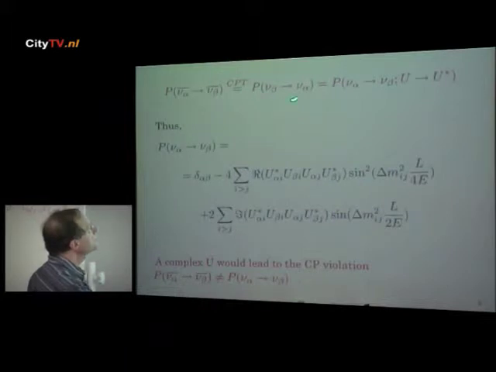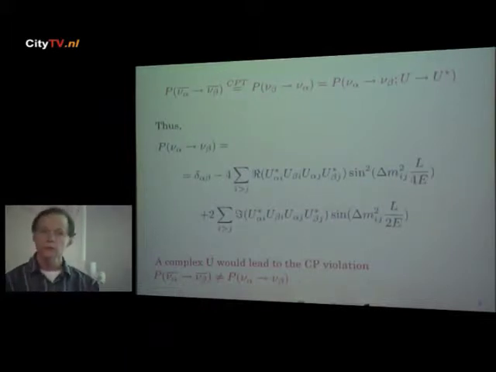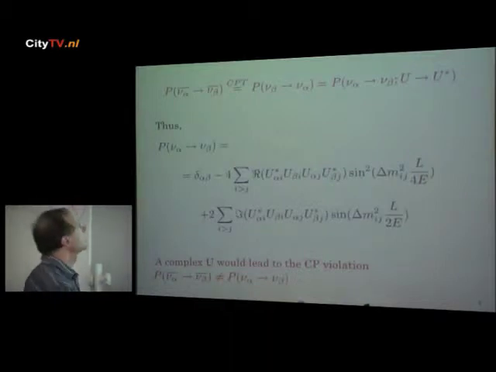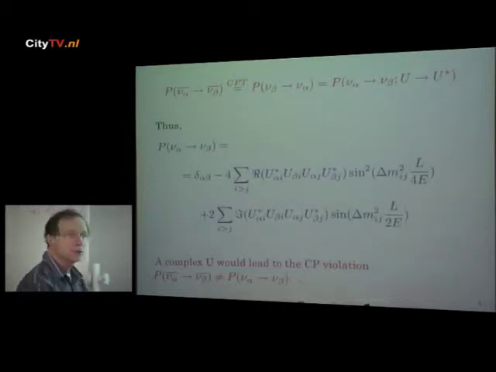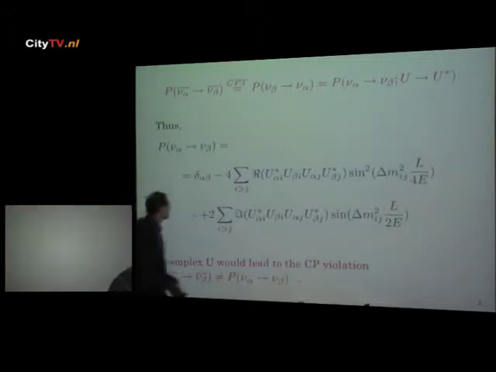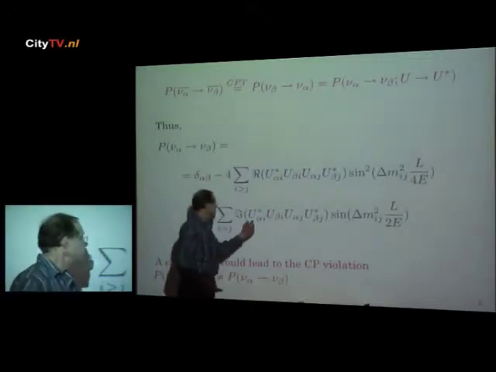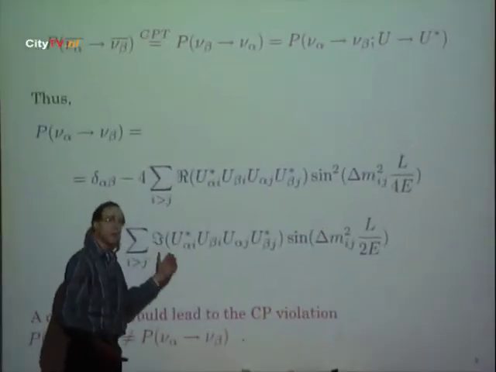So this is the CPT mirror image of that, and if nature, as we assume, is CPT invariant, then these two probabilities have to be equal. This probability is the probability we just derived, I just repeated it here, but with alpha and beta interchanged. And we see that when you interchange alpha and beta, all you do is you replace U by U star.